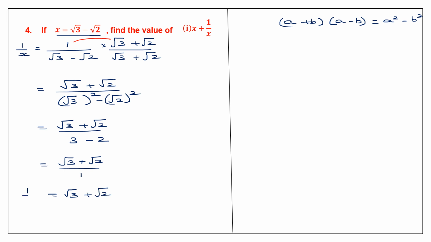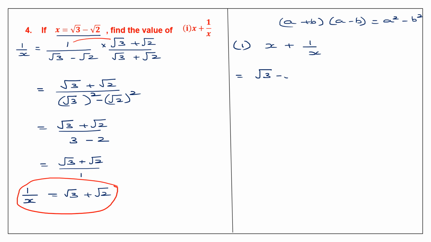And what have we found? We have found the value of 1 over x. So 1 by x is equal to root 3 plus root 2. Now we can calculate x plus 1 by x, which we're asked to do. This is question 1. Now x is given to us as root 3 minus root 2, plus 1 by x, which we just found out to be root 3 plus root 2. Let's remove the brackets.